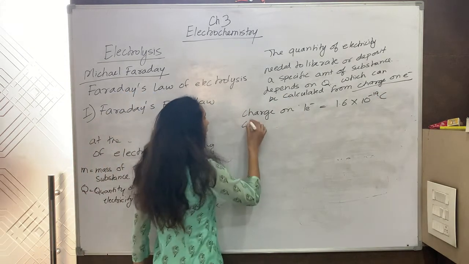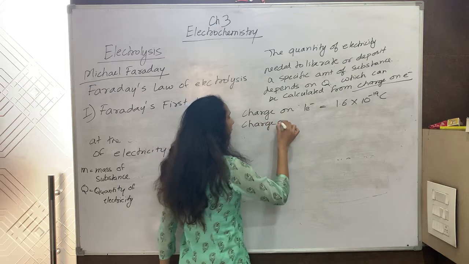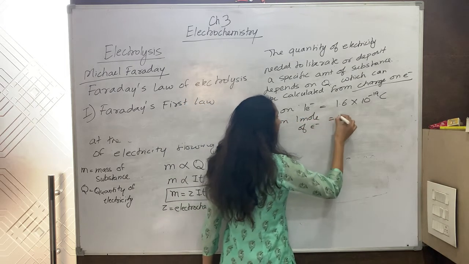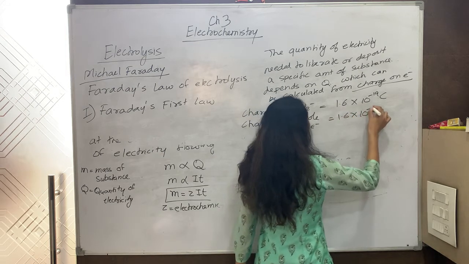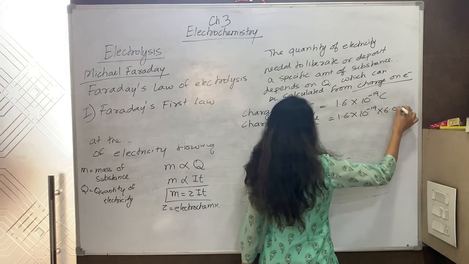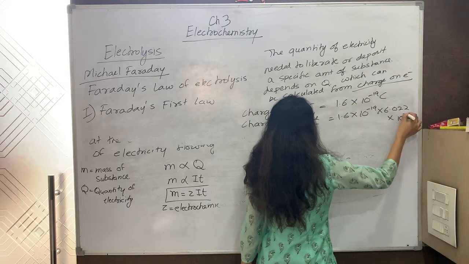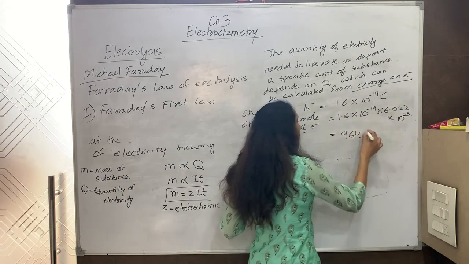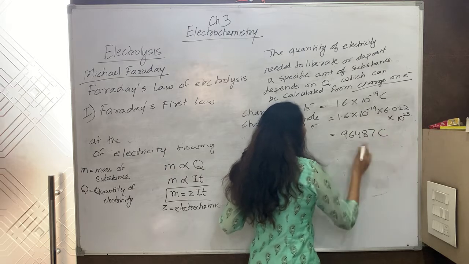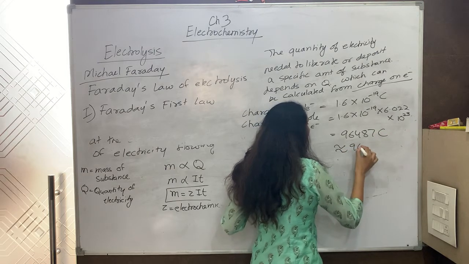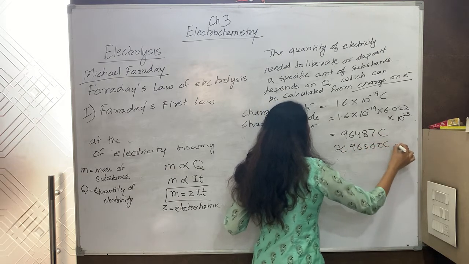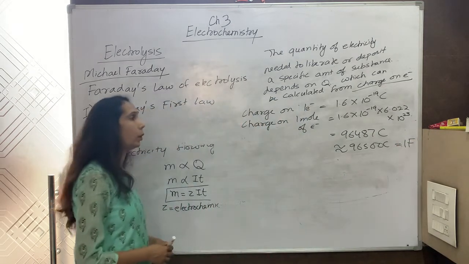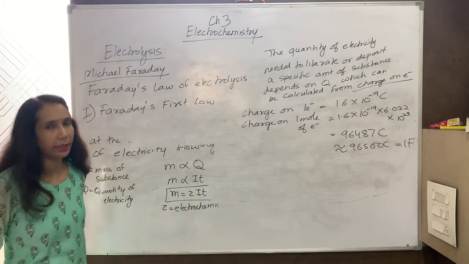What is the charge on 1 mole of electrons? 1.6 into 10 to the power minus 19 multiplied by 6.022 into 10 to the power 23. And that comes out to be 96487 coulomb. That is nearly taken to 96500 coulombs, and this is equal to 1 Faraday.